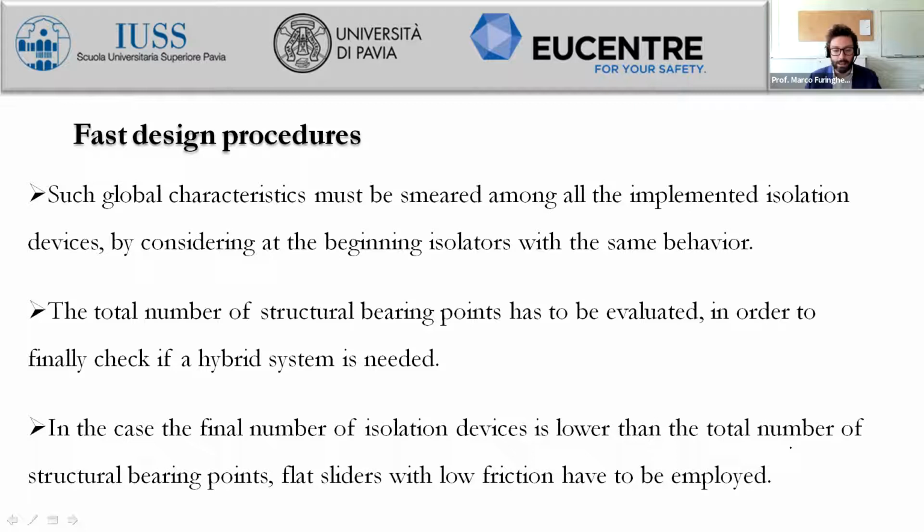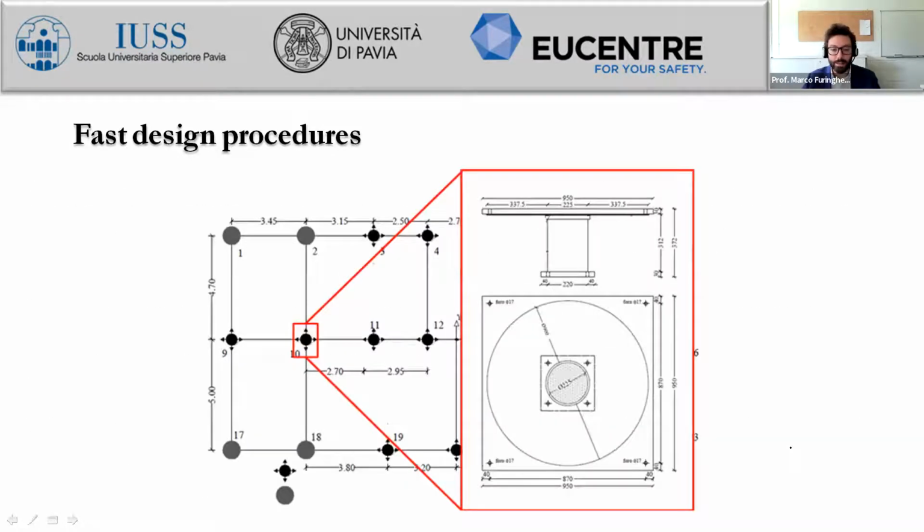And this is what is written in the third point, and we will have to consider flat sliders with a very low friction, which will allow not to mismatch the overall response with respect to the very initial assumptions. And this is what I mean.